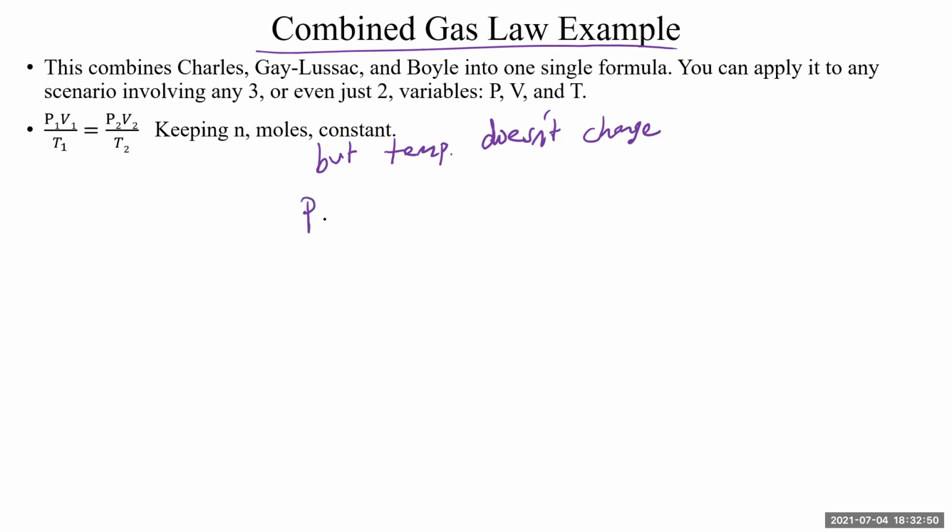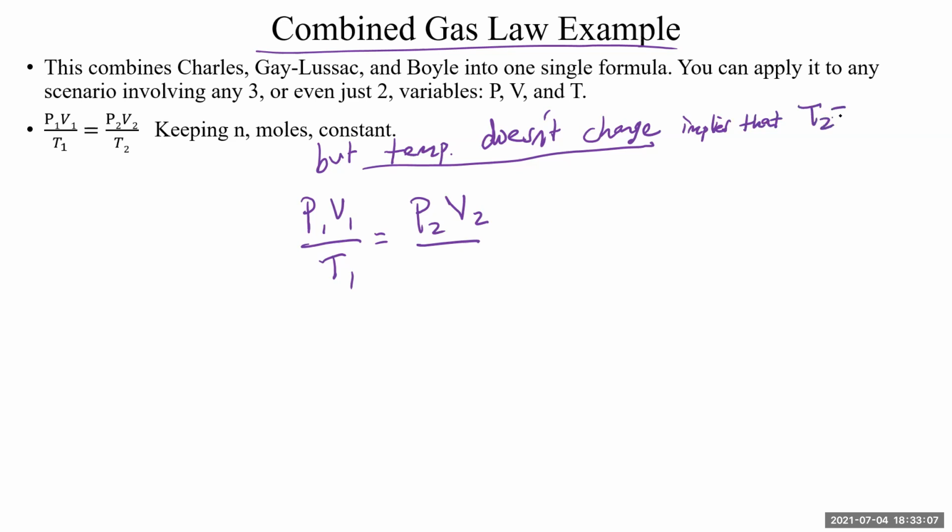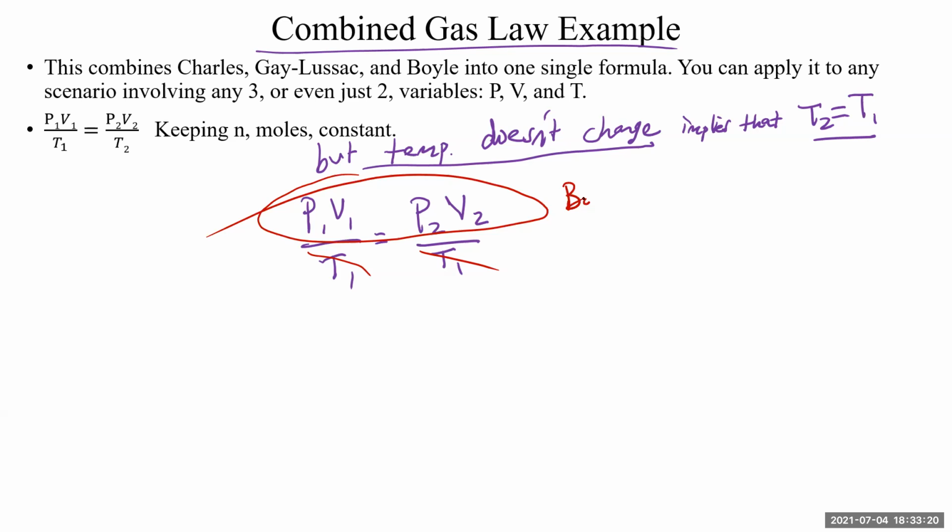Okay, well, P1 V1 over T1 equals P2 V2 over T2, well, if temperature doesn't change, that implies that T2 and T1 are equal. If they're equal, then I can simply put T1 here, and guess what happens? As always, when you have the same variable on both sides, it cancels out. What are you left with? Oh, what do you know? You're back to Boyle's law. You didn't need to remember Boyle's law. All you needed was to cancel out the T's on both sides, and you're back to solving Boyle's law.